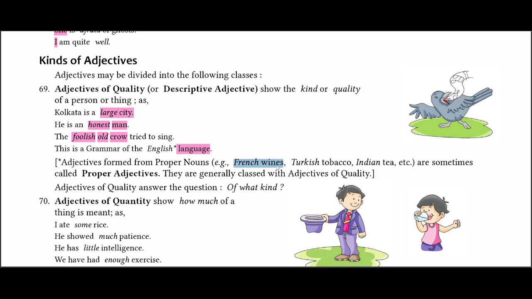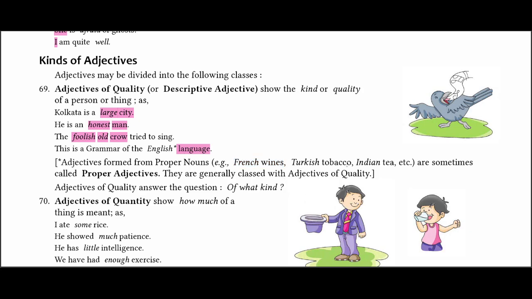The wine is a noun, and French is an adjective that is describing the noun. So obviously it is an adjective of quality or a descriptive adjective, but we also call it a proper adjective because this adjective is formed from a proper noun.